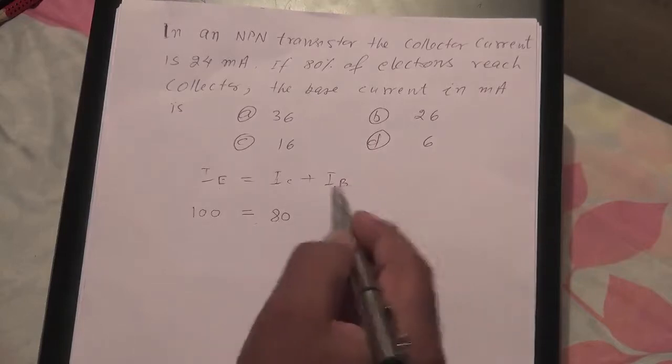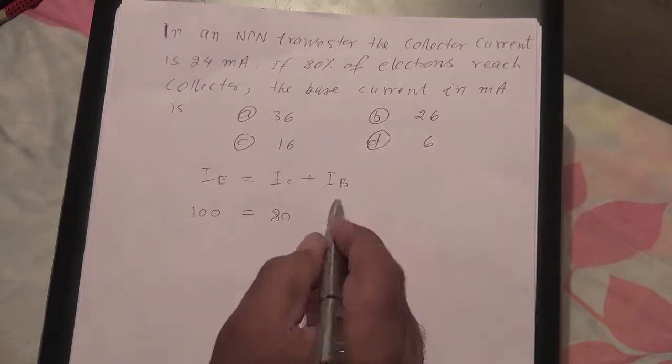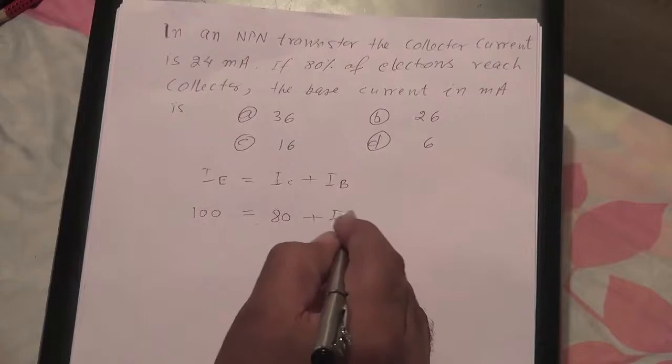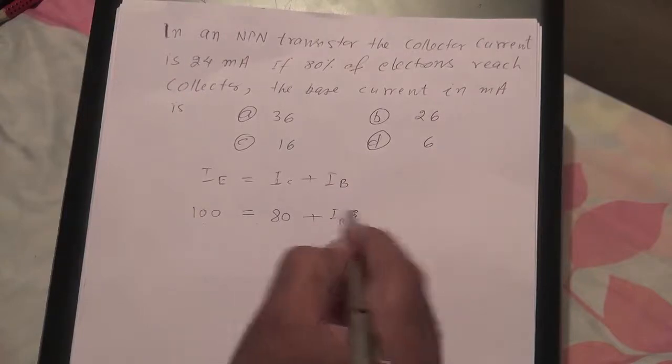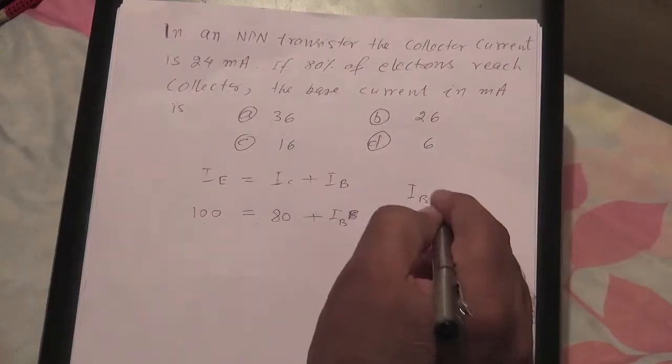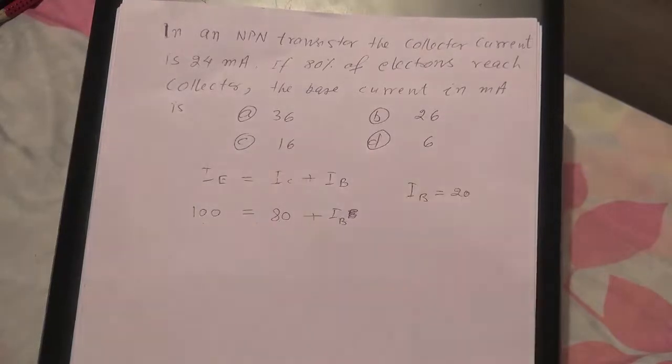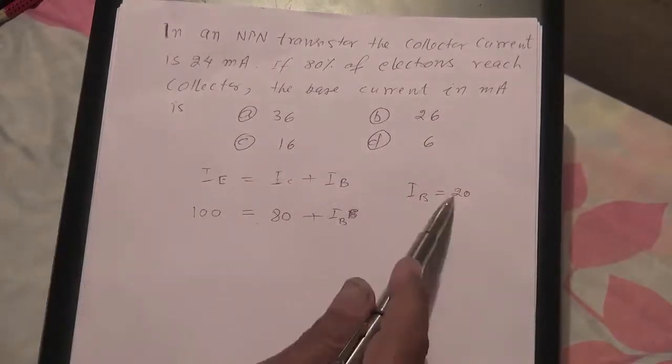So we can find out IB, and IB will be of course plus IB. Therefore, IB is 20%. All are in percentage.